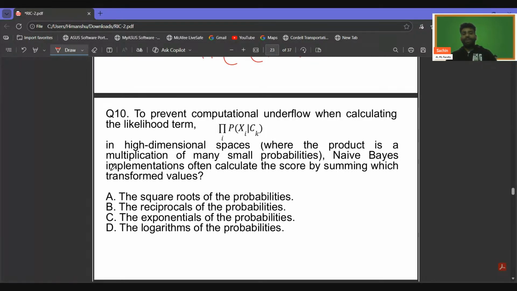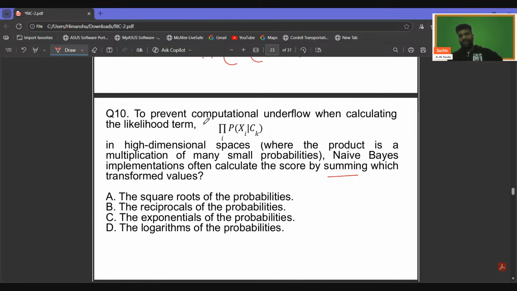To prevent computational underflow when calculating the likelihood term. So I hope you know, we get something like this, where we will be having the product of all these likelihood probabilities. Now, in that case, how do we actually solve this? So lastly, we talked about there being a summation happening.